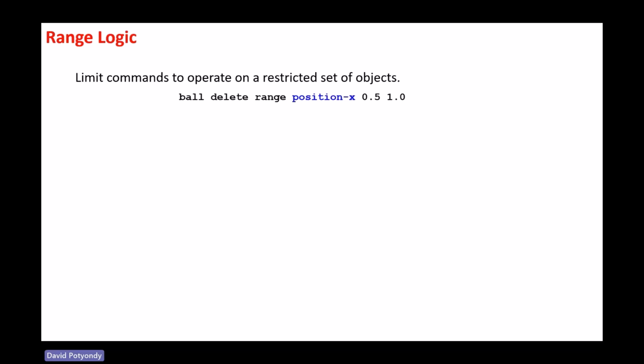And so that command will only occur for this subset of particles of whatever the range is. So there are these things called range objects. So what this says is, what's the range? Well, any ball whose position lies between X min and X max. Only delete the guys there.